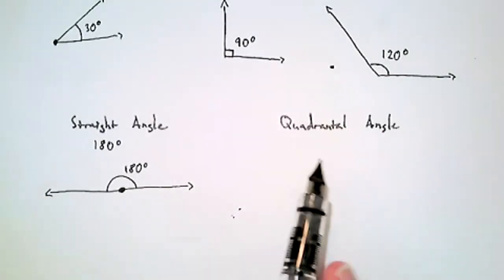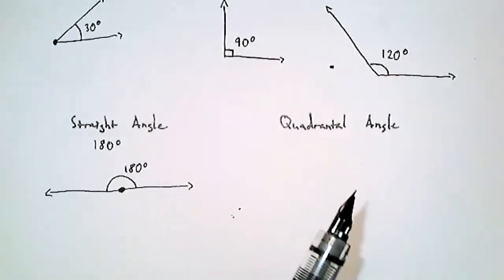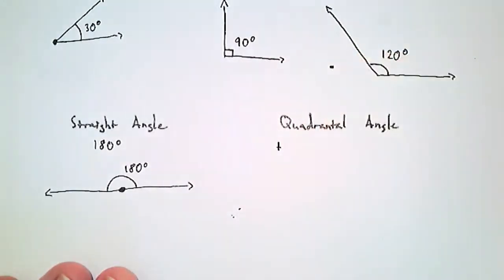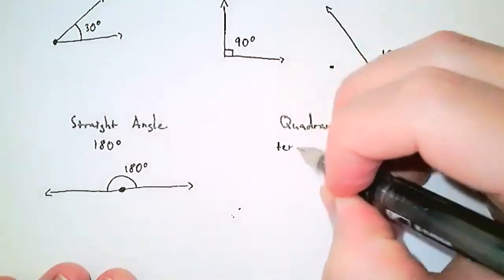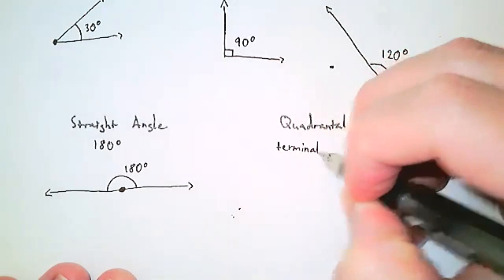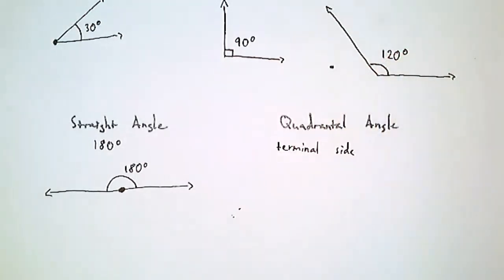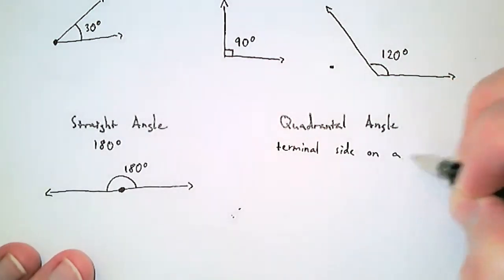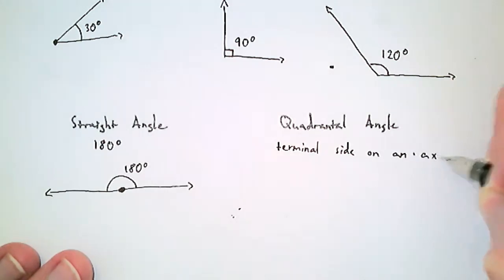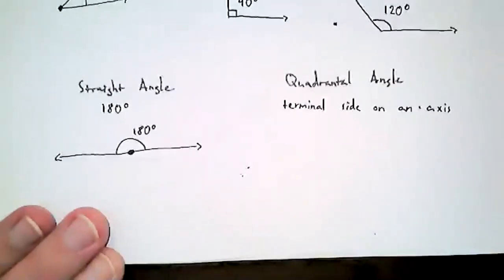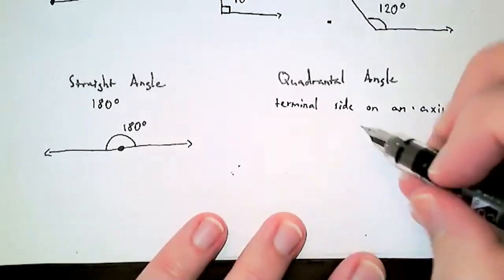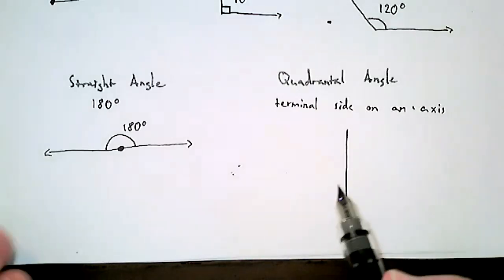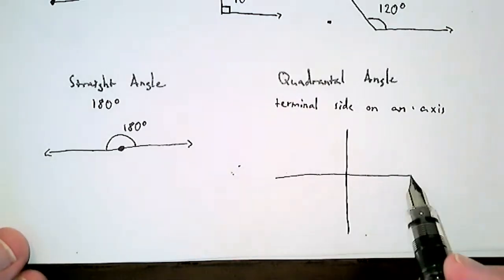Okay, and the final one, quadrantal angles, are kind of the oddball. They are angles where a terminal side is on one of the two axes. So if we're talking about quadrantal angles, we're talking about the XY plane, the two-dimensional plane.